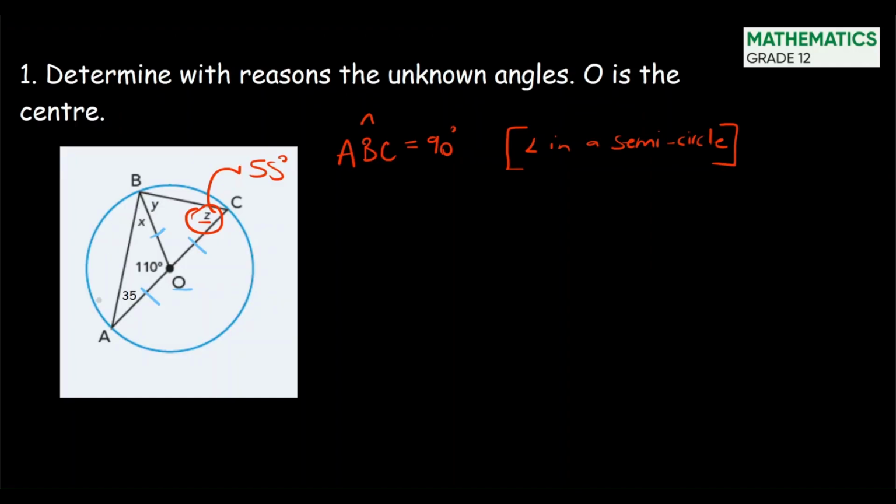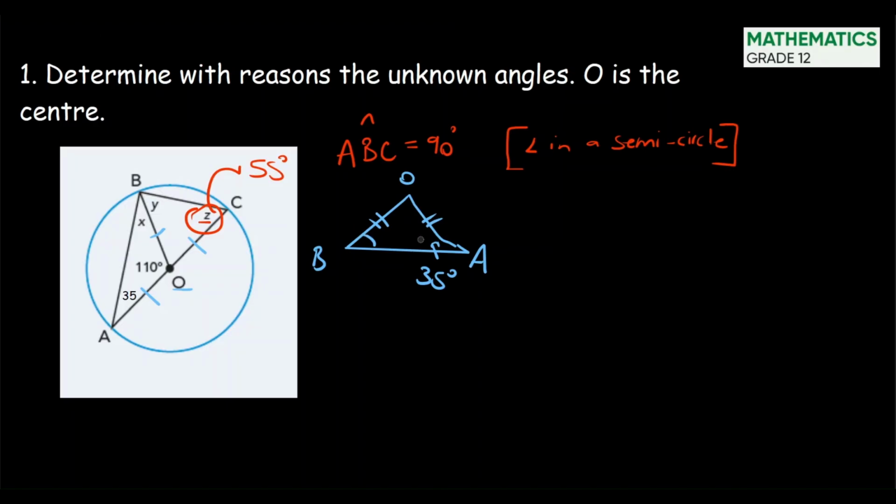Now if you observe angle AOB, it gives us a triangle. We look at this triangle. This will be B, this will be O, and this will be A, and we know that angle A is equal to 35 degrees. We know that these two sides are equal.